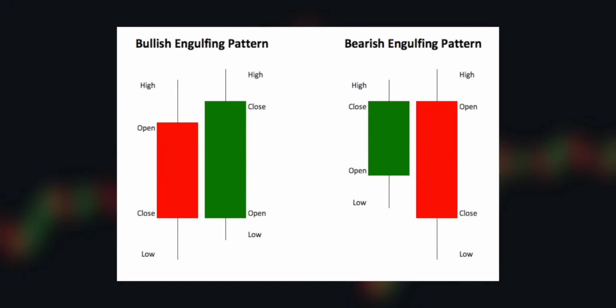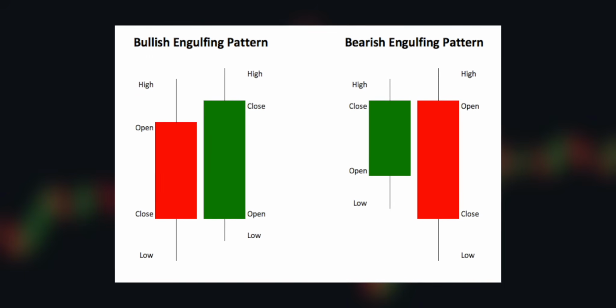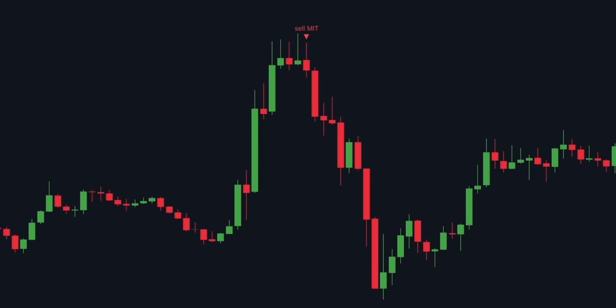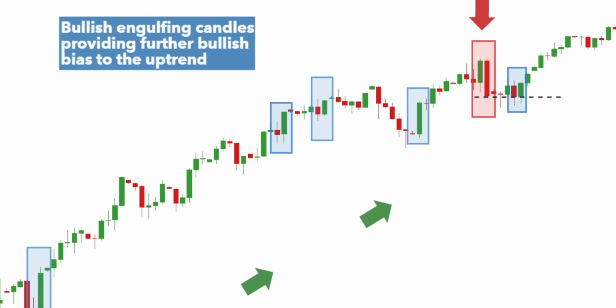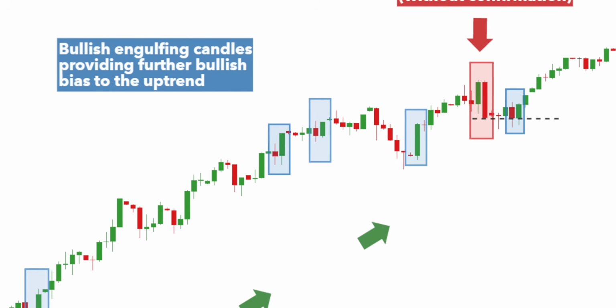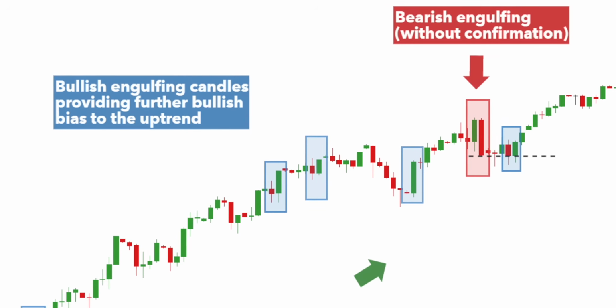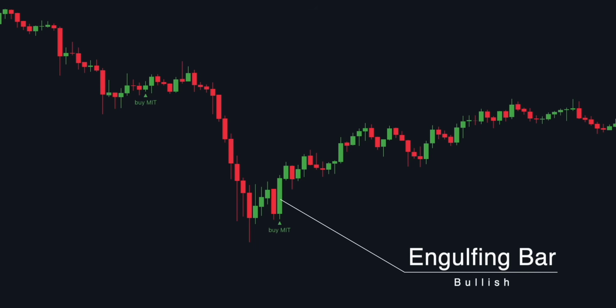The engulfing bar is one of traders' favorite candlestick patterns because it gives a reliable signal and it is very easy to identify. This is a key feature of successful trading, as it only needs 2 candlesticks to form what is called the engulfing bars pattern. It is the most easily identifiable pattern of all chart patterns. The engulfing bar is a reversal pattern or signal and is formed when the latest candle completely engulfs the candle to its left. Depending on the last candle, there are 2 types of engulfing price bars, bullish and bearish.